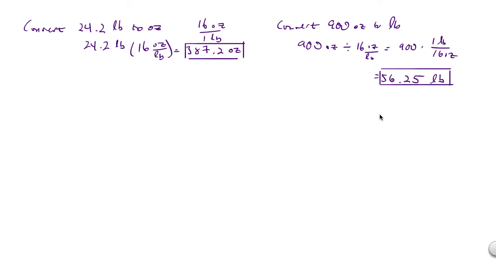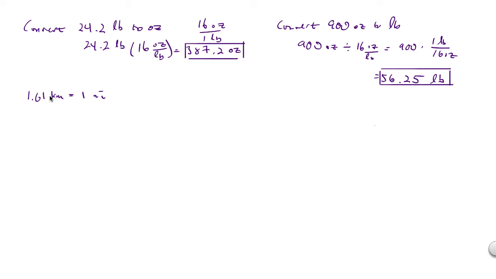So you might think, okay, converting to a smaller measure means we multiply, and converting to a larger measure means we divide. Well, it depends on what the conversion rate is. So let's look at converting miles to kilometers. Another set of conversion rates you should just know are some metric to American units. One being 1.61 kilometers is equal to 1 mile.